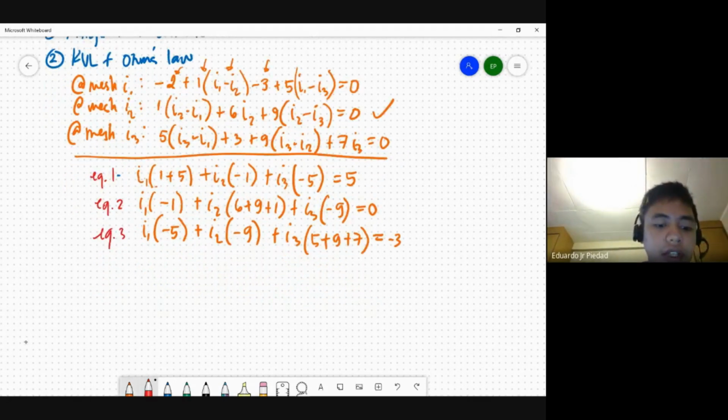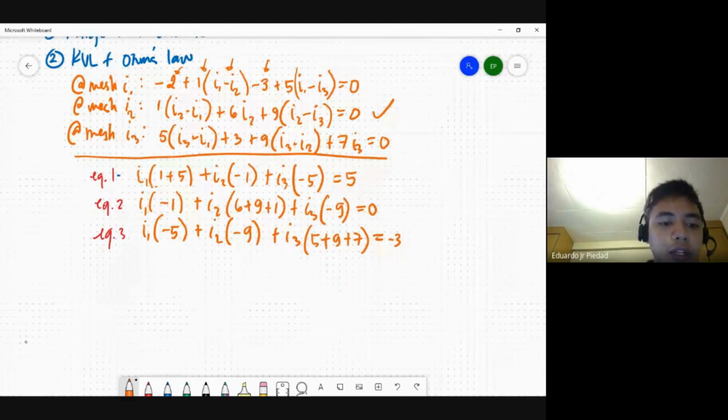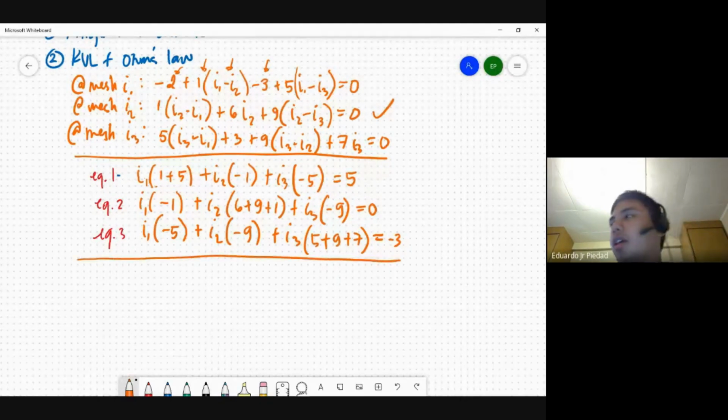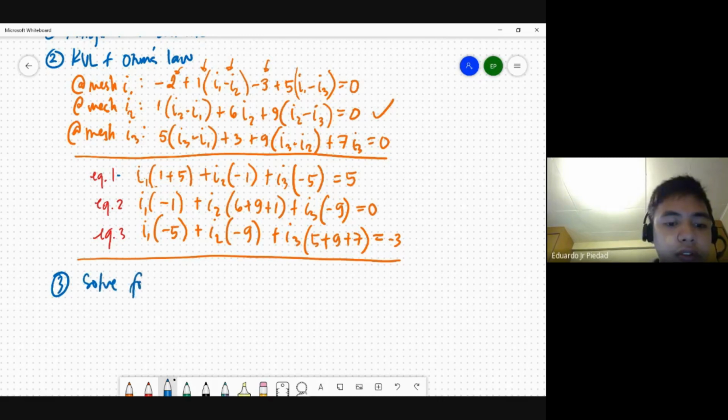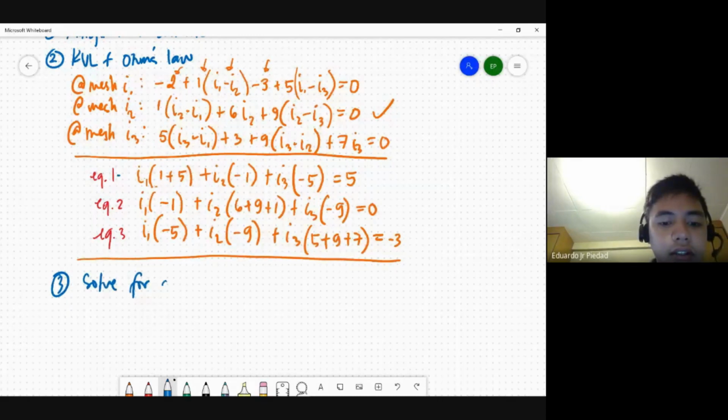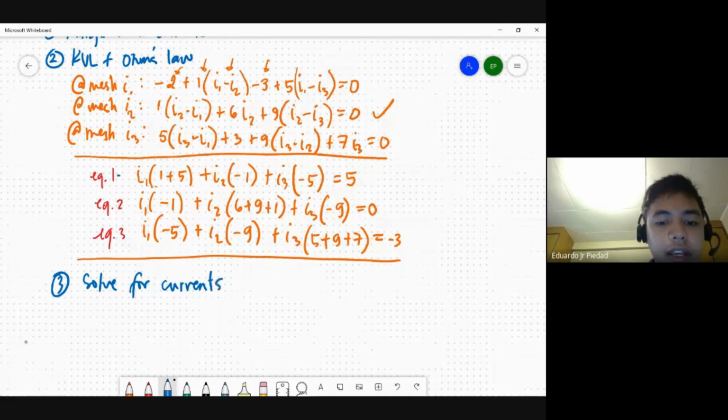You can solve it using whatever method you want. You can use substitution, elimination, or any numerical methods, Gaussian methods, Gauss-Seidel, direct or indirect methods. You can also use your calculator, the best way. Then the third step is to solve for the currents, in this case, mesh currents.